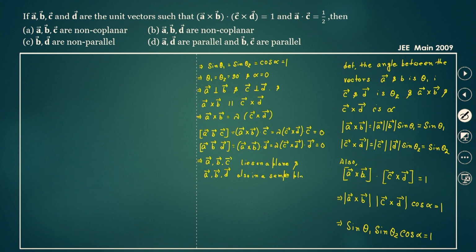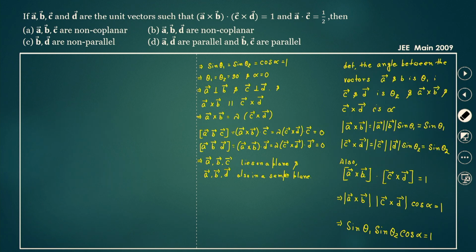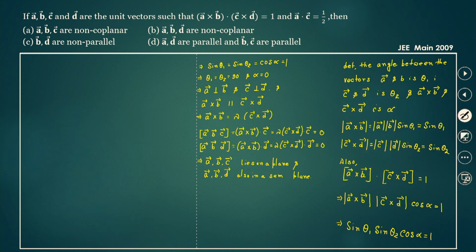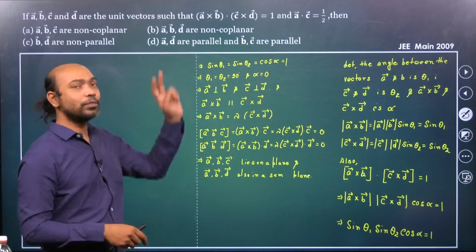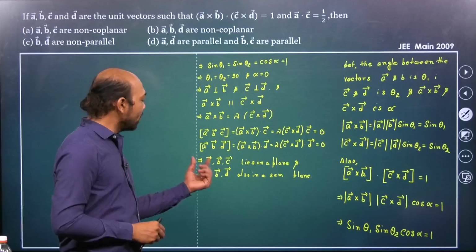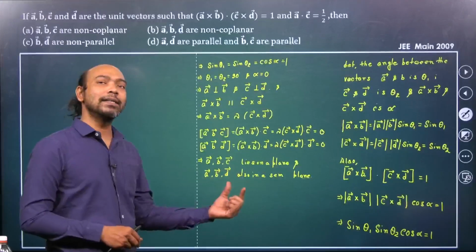That means that option A and option B, stating that they are coplanar, are actually wrong. In this case you can say that these vectors are actually coplanar, they lie in the same plane. So these two options are wrong. Now also from here we can conclude that the vectors A, B, C and A, B, D are in the same plane.